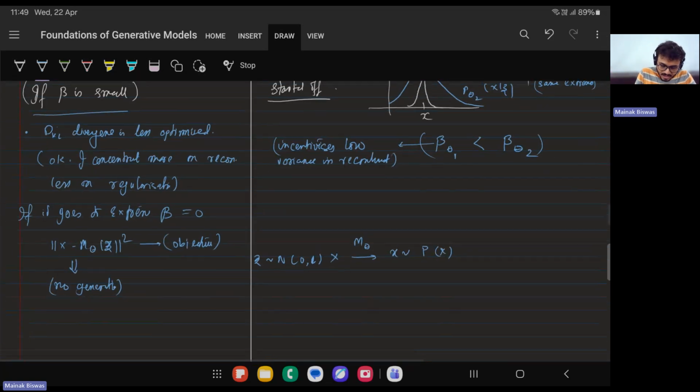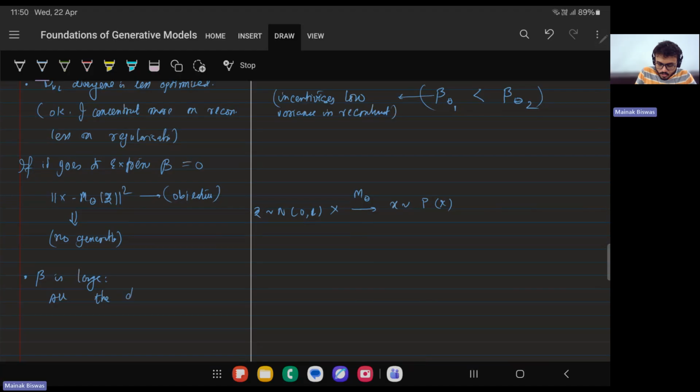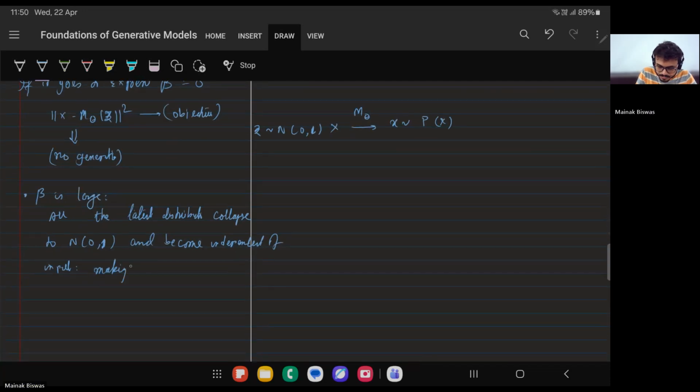Similarly, if beta is large, all the latent distributions collapse to normal 0, 1 and become independent of the input x, making reconstruction poor.